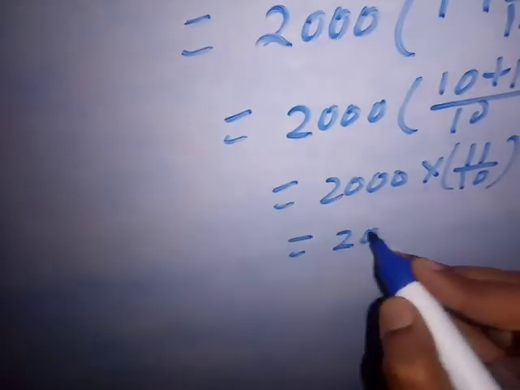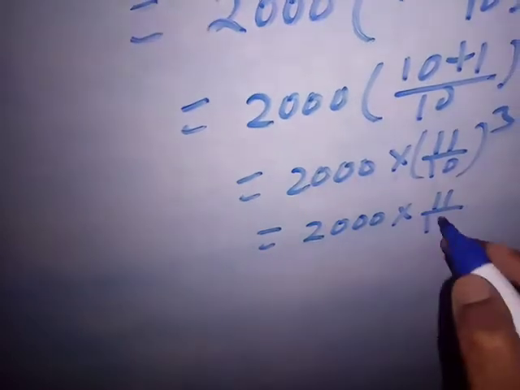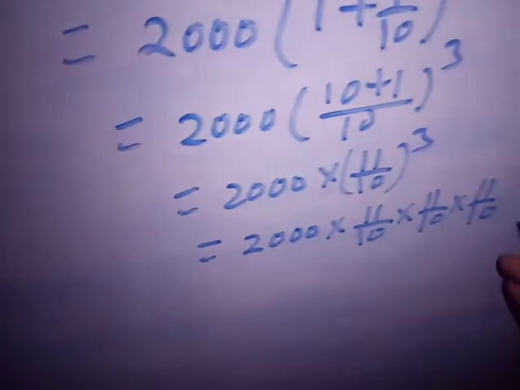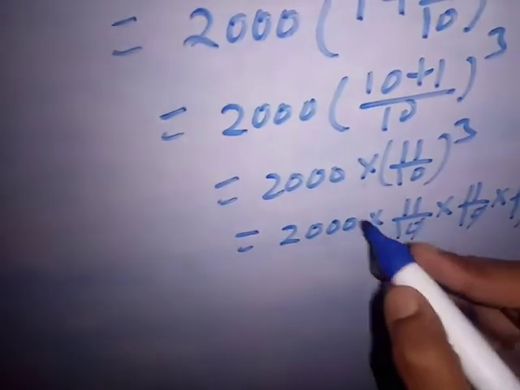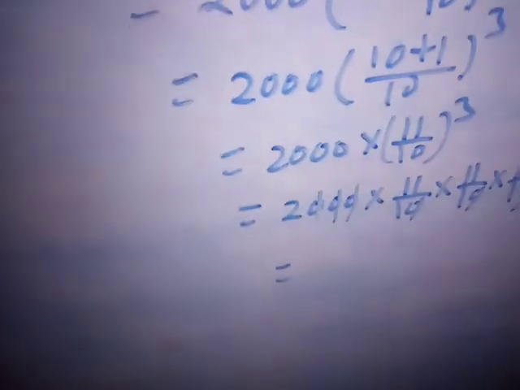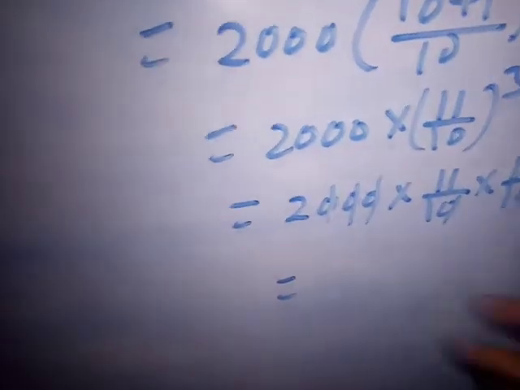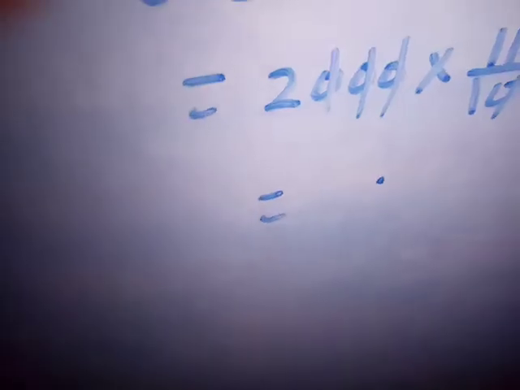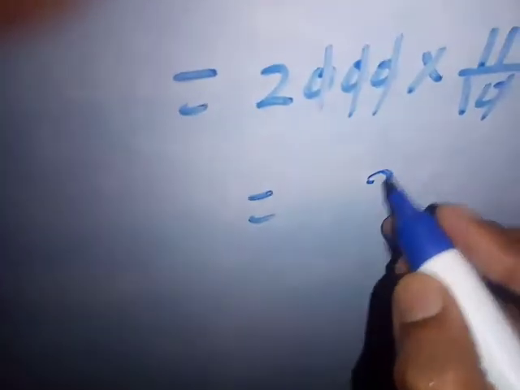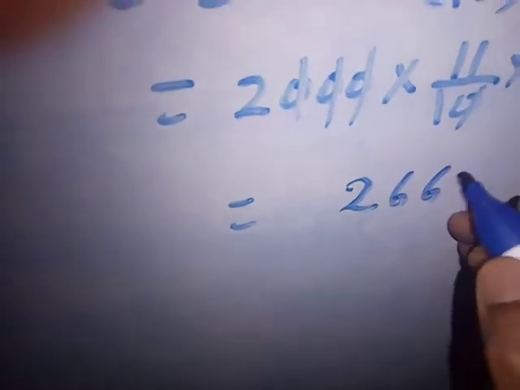Now 2000 into 11 by 10 into 11 by 10 into 11 by 10, 3 times. These 3 zeros are cancelled, and it is 2662.